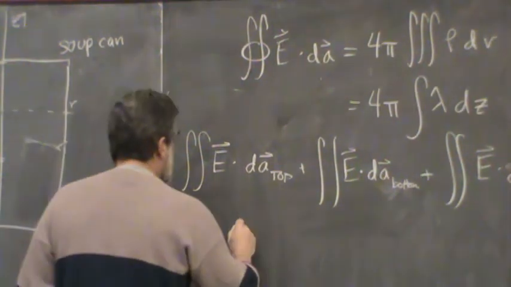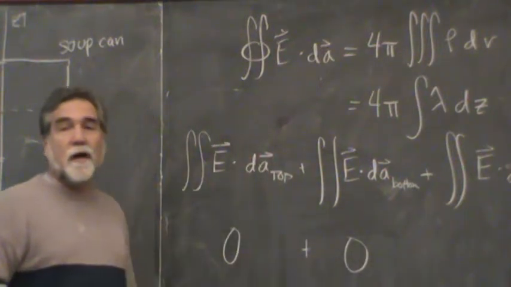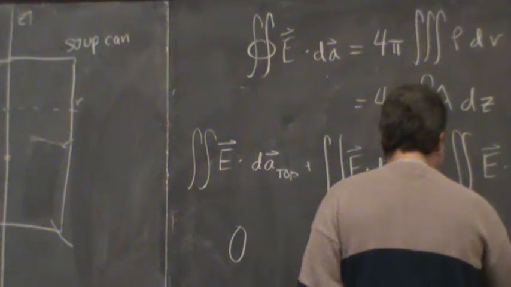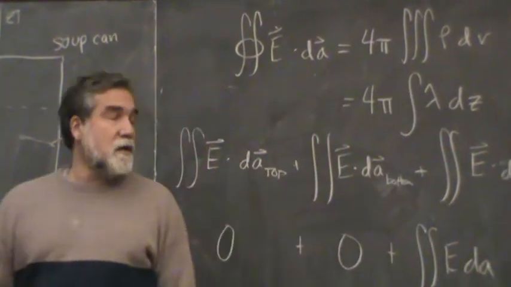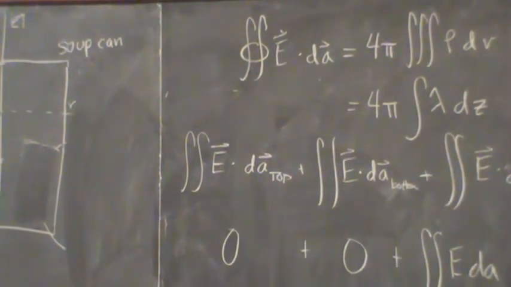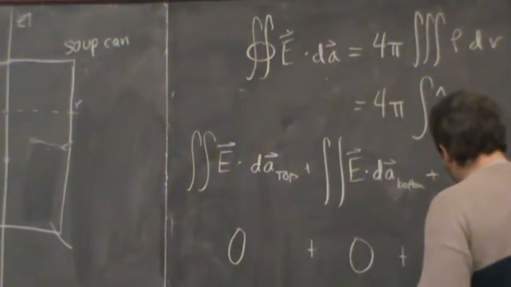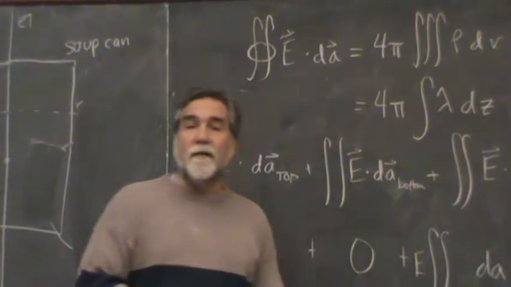Well, this one is 0, and this one is 0, because the dot product is 0, okay? And this one is the integral over the surface of E dA, because the field is perpendicular to the surface out on the sides over here, right? And because the field is constant over the surface, I can pull it out of the integral.